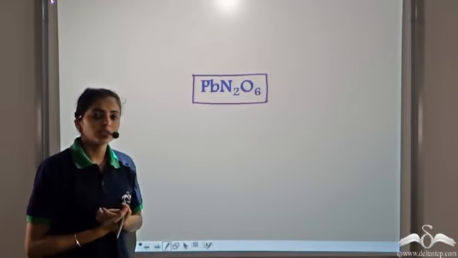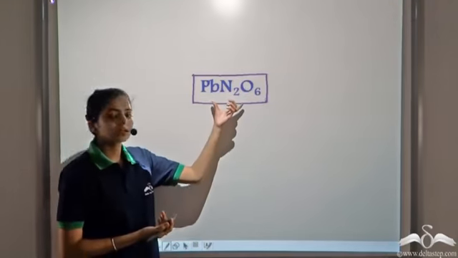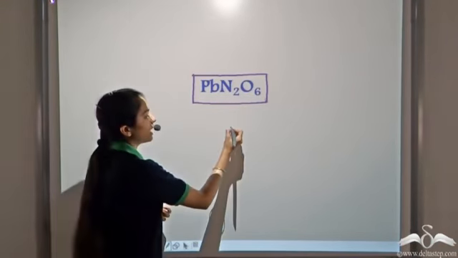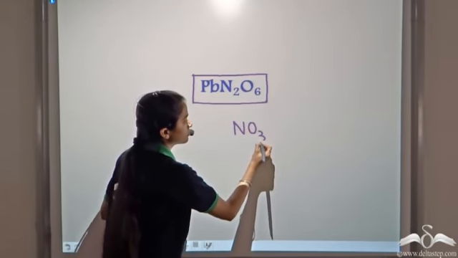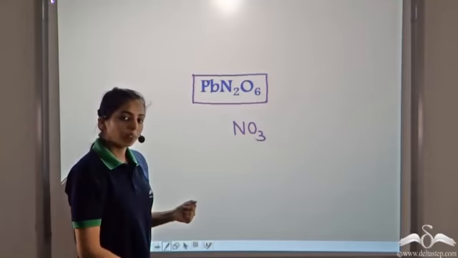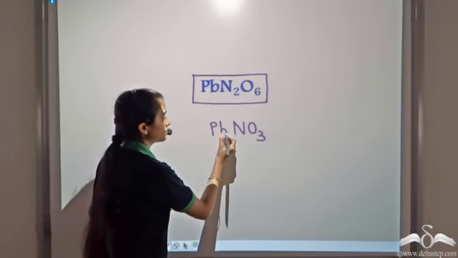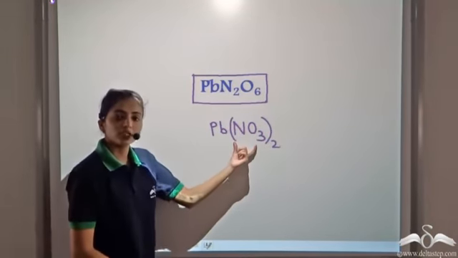Once you start using more and more elements and compounds, you will see that this exactly is not the formula of a compound. Instead, there is a radical NO3 that is actually present. So we have lead and 2 radicals of nitrate.